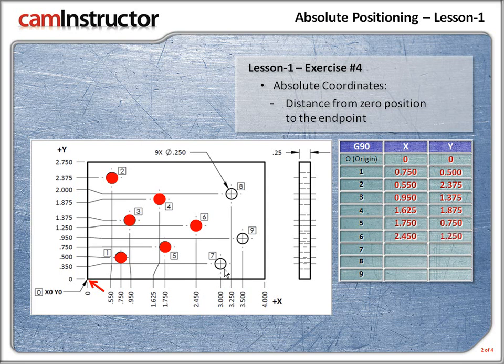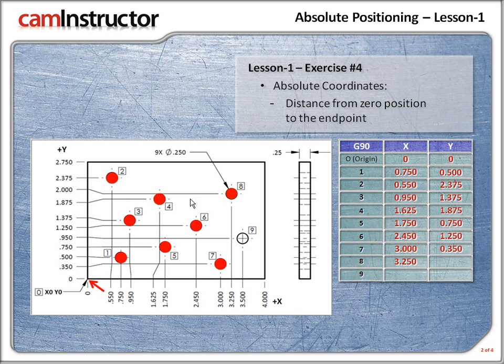Next up is hole number 7. So the X value is X3. And if I just move over to the left, there's the Y value, 0.35. Next up is hole 8. So the X value, if I move on down to the bottom, it's 3.250.